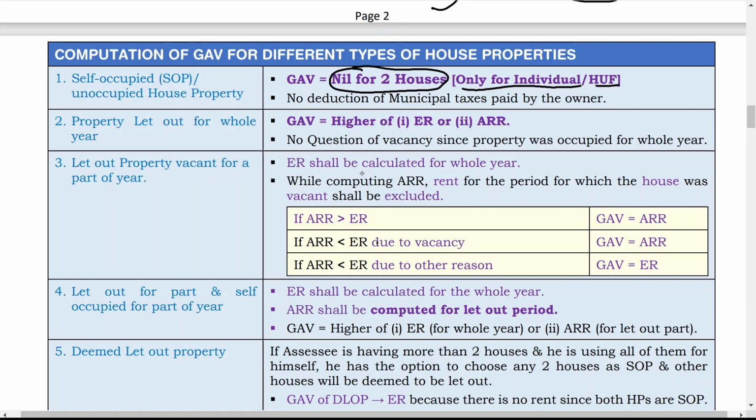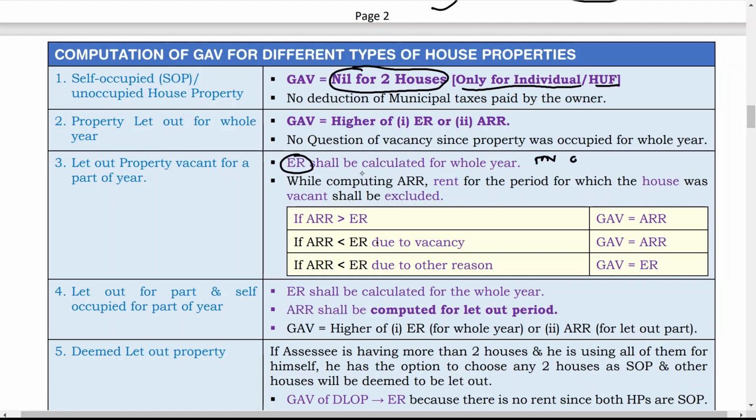Now, let out property vacant for a part of the year. Here you have to understand it a little bit, and then only you can proceed further. ER shall be calculated for the whole year. So whenever property is let out for a part of the year, ER means expected rent. How to find out expected rent?